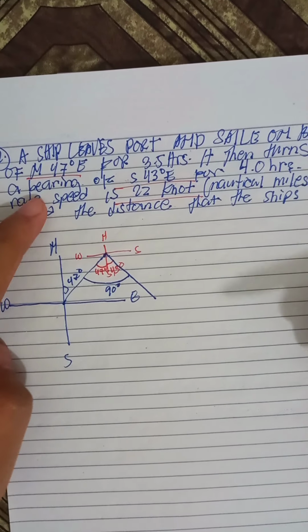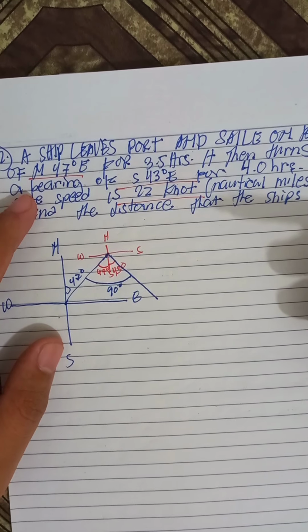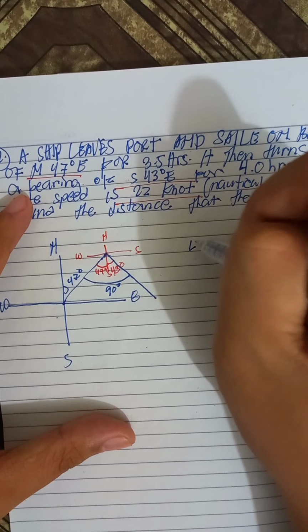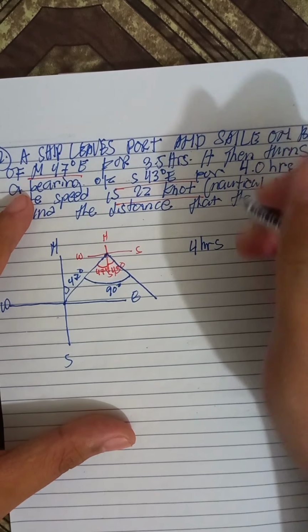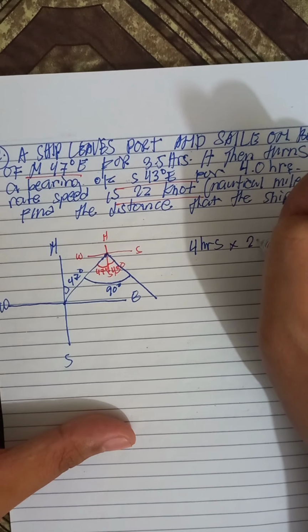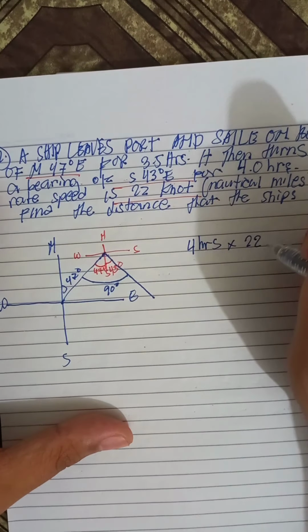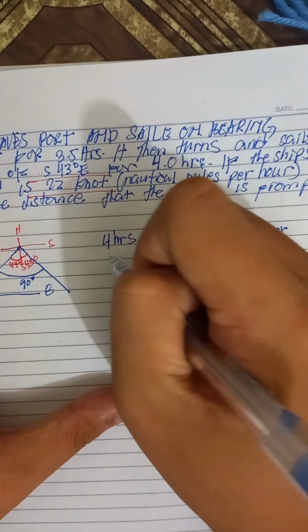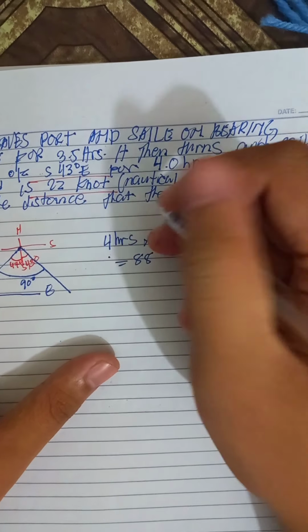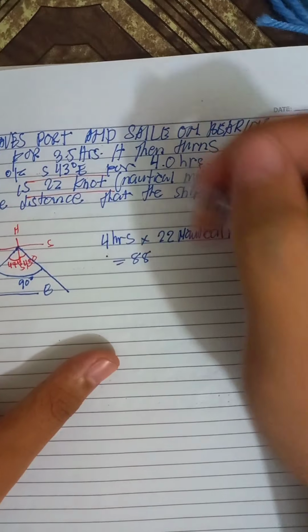So we have 4 hours times 22 nautical miles per hour, which is 88 nautical miles.